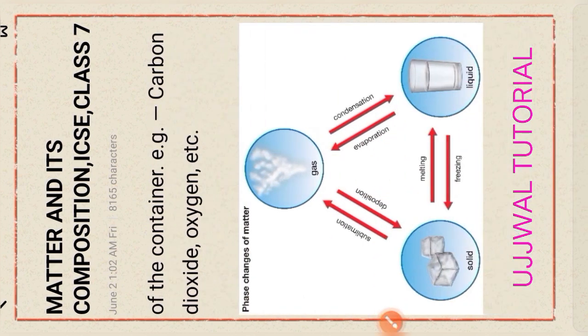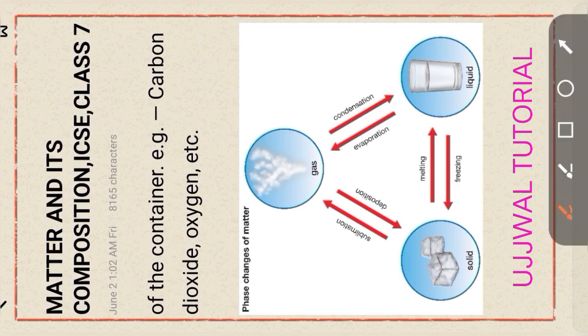Now we discuss the change of matter, that is the phase change of matter. There are three states of matter: solid, liquid and gas. Solid to liquid change is the process of melting. Liquid to solid change is the process of freezing.